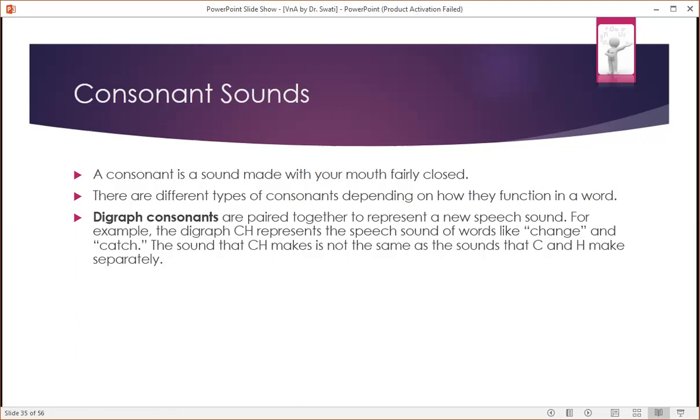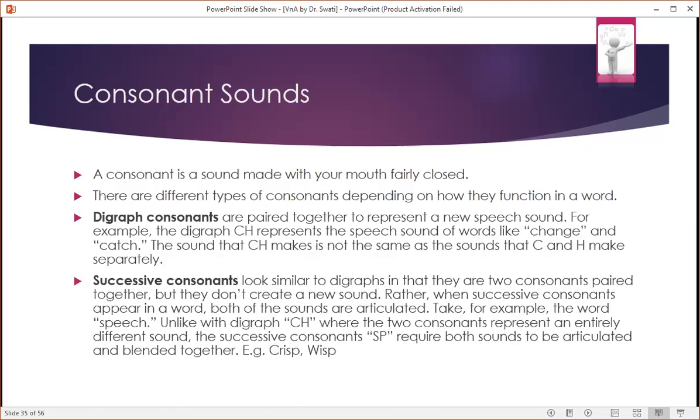Okay, change, catch. So if you pronounce both letters separately, the sound does not match the ch sound at all. C is not at all matching, H is not at all matching, but when we combine both together, it makes a sound ch. Okay, so these types of letter combinations in a word are called digraph consonants.